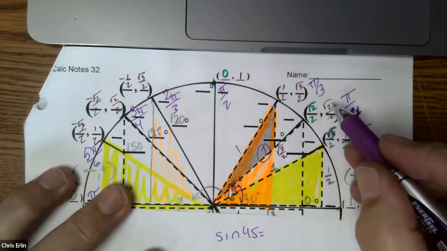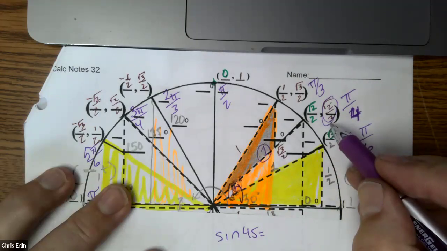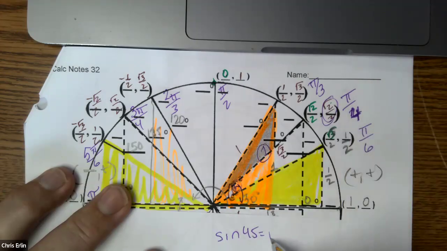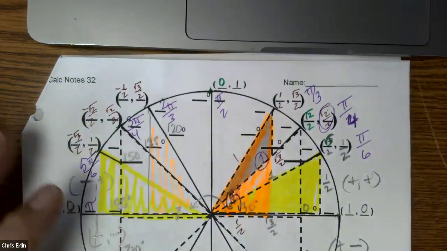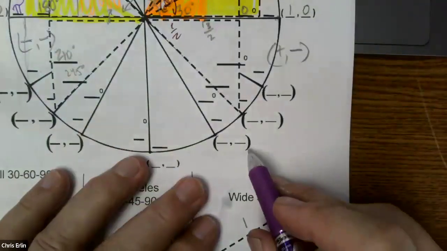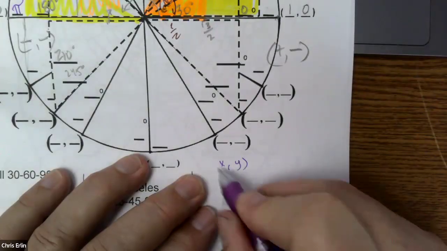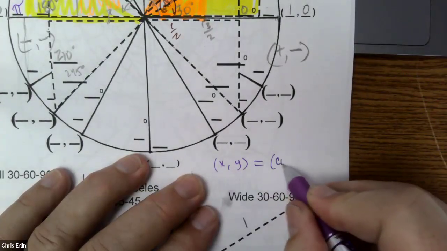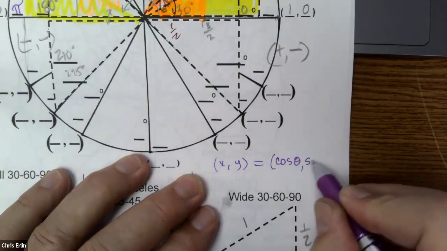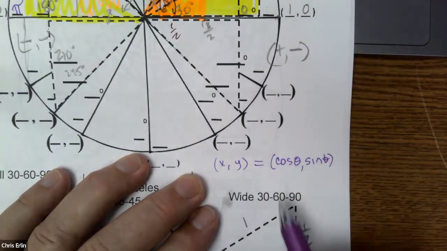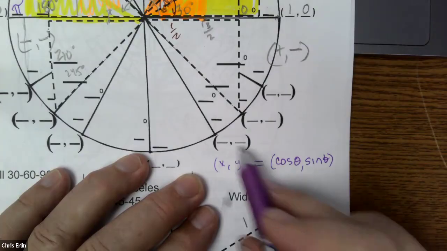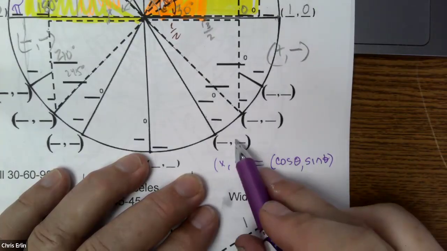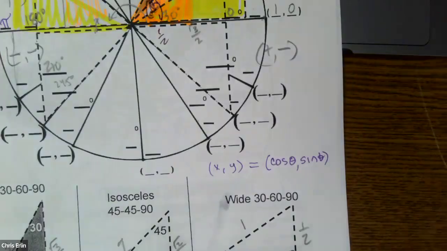Since I've created this, I know that the y value, which is my vertical leg, is root 2 over 2. So the sine of 45 is root 2 over 2. I can find that value precisely immediately. In general, all of these coordinates that have an x and a y value can also be thought of as the cosine of theta, comma, the sine of theta, where the x value is exactly the cosine at that angle and the y value is exactly the sine at that angle.